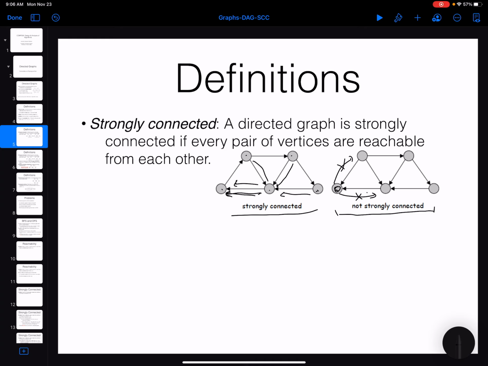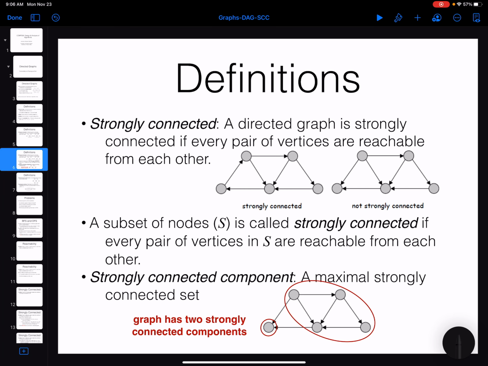Although some directed graphs are not strongly connected, we can find some components in any directed graph that are maximally strongly connected sets. For example, in this graph, I can find two strongly connected components.